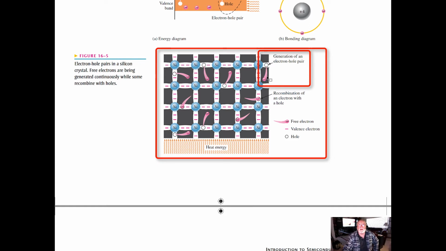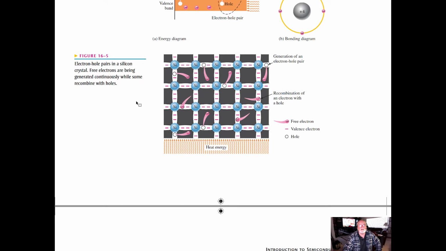When an electron jumps to the ring of a neighboring silicon valence band, we create a gap here, and that gap is the hole. So it's that movement of electrons or holes, depending on how you want to think about it, that really is the flow of electrons in what we call current. You can see here in every case we've created holes as electrons are jumping off with the application of the heat.